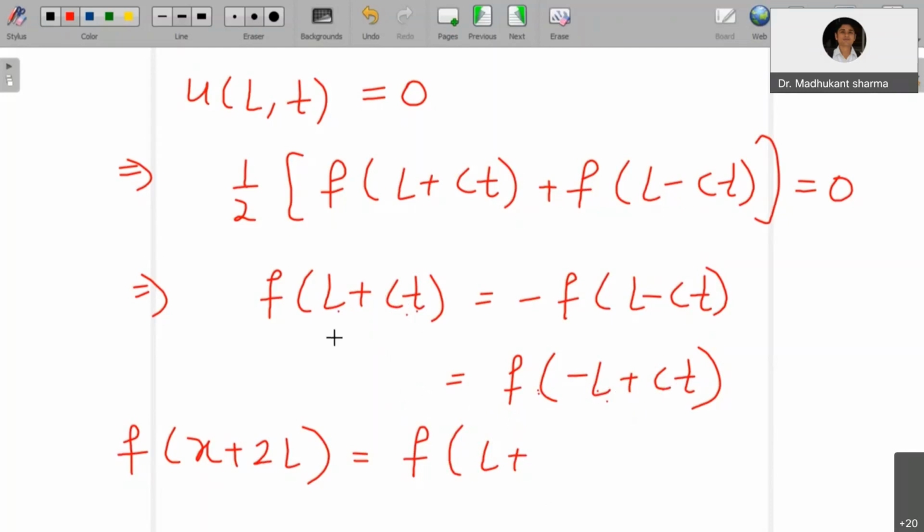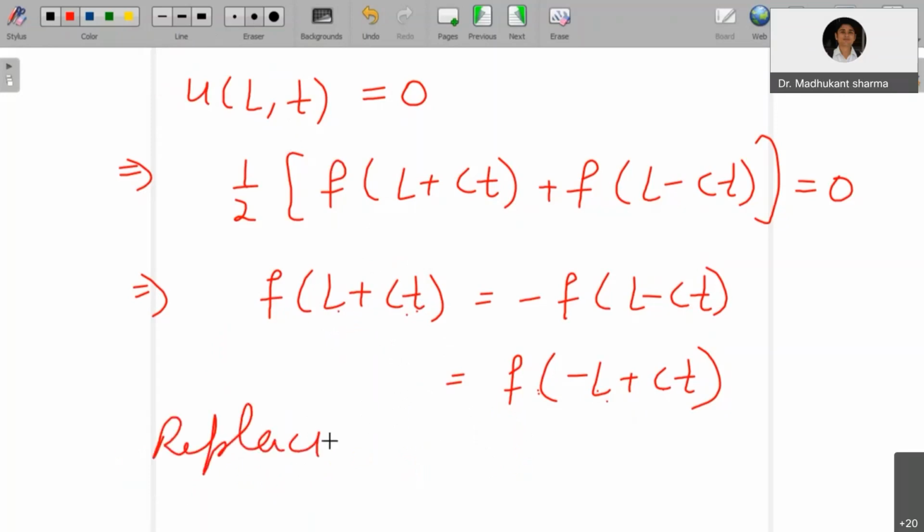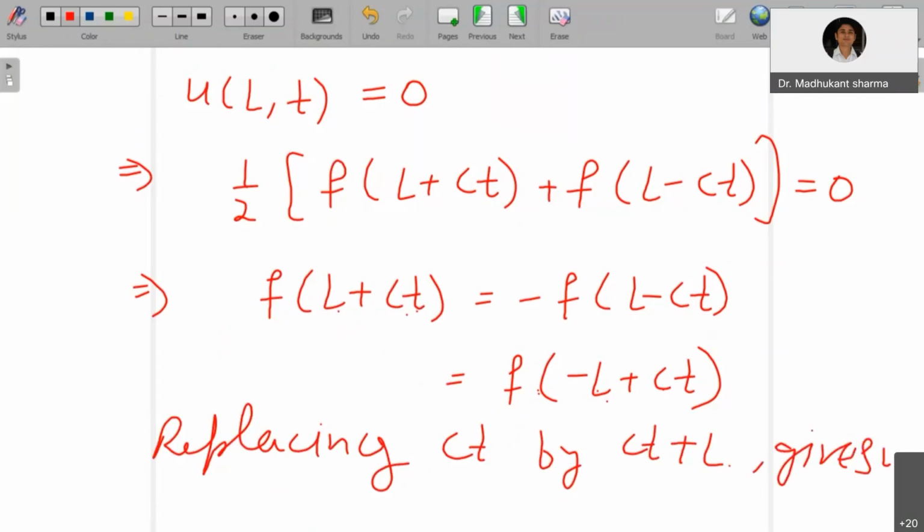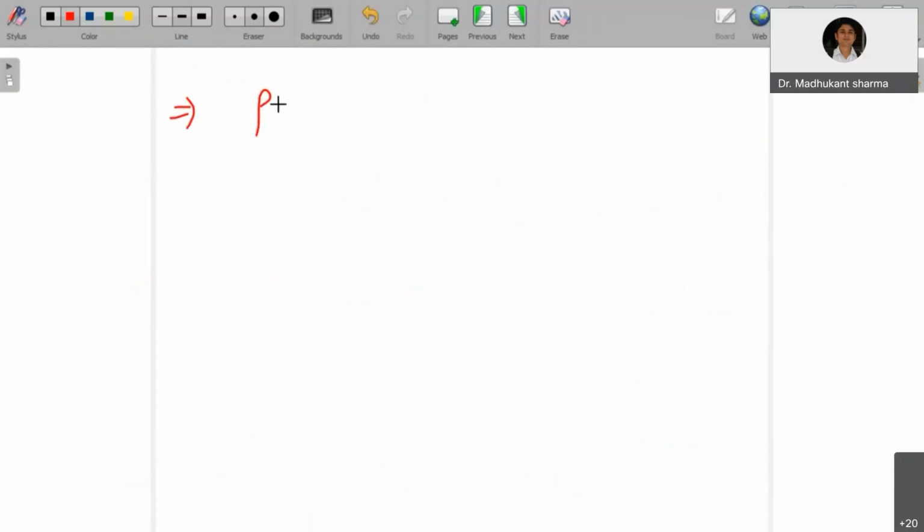So replace ct by ct plus L, right? Yes. If you replace ct by ct plus L, that will lead to your conclusion. Replacing ct by ct plus L gives you that f of ct plus 2L is equal to f of ct.